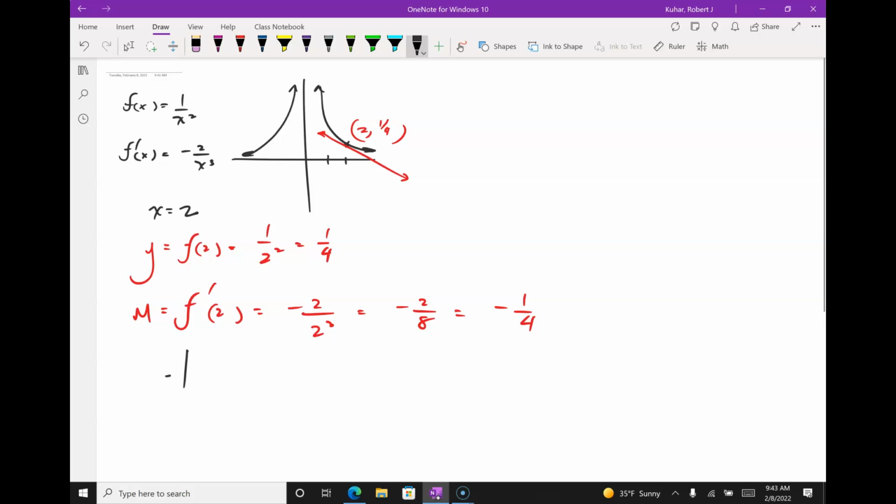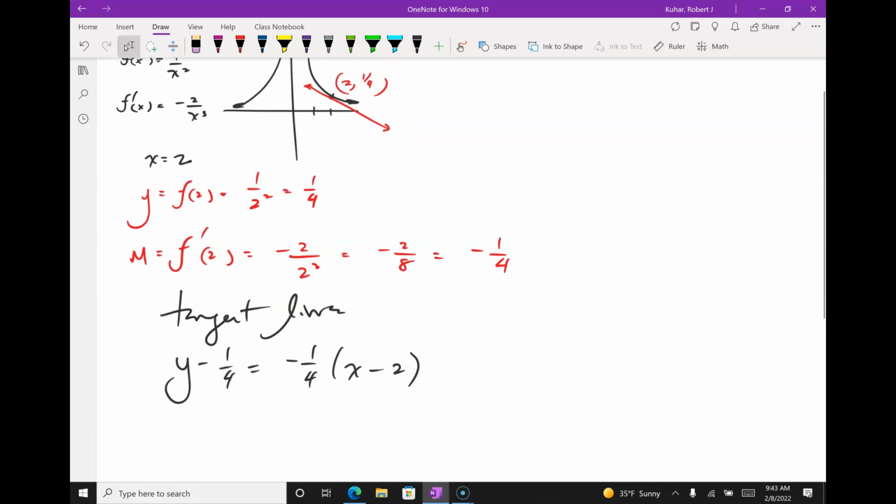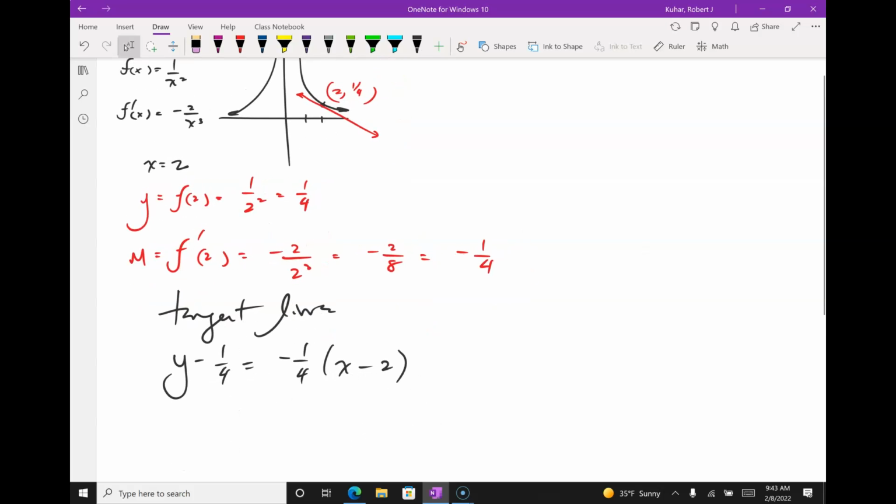So now my tangent line, right? Y minus 1/4 equals negative 1/4 times x minus 2. Everybody with me there? If you're a y equals mx plus b person, get over it. That's middle school. We're using this one now.